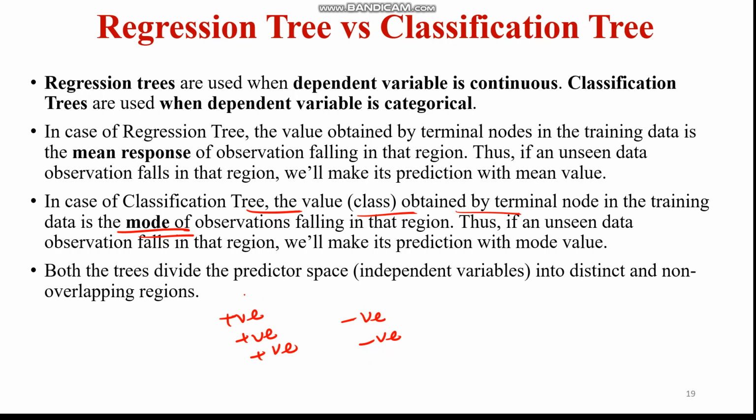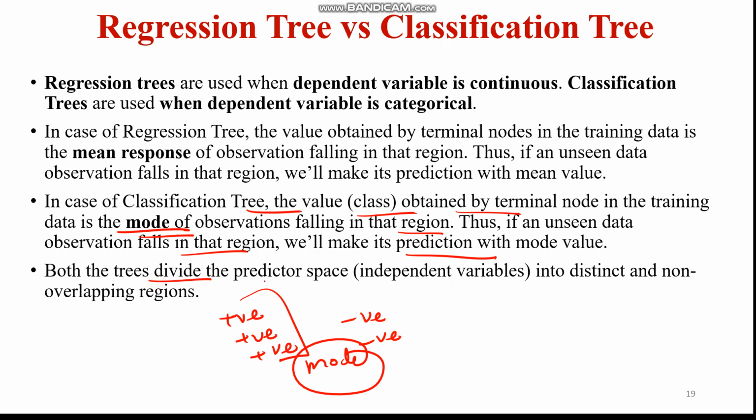In that case, we go with the majority, so the resultant answer will be positive. We take the maximum number of values, which is known as the mode, the mode of observations falling in that region. Thus, if unseen data observations fall in that region, we make the prediction with the help of the mode.